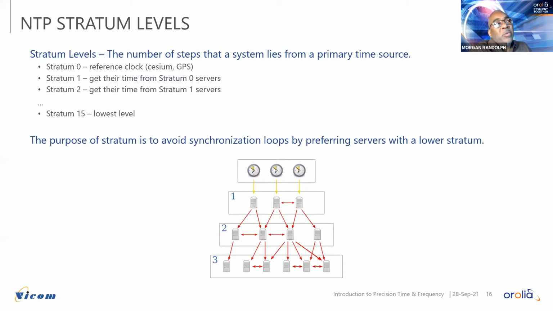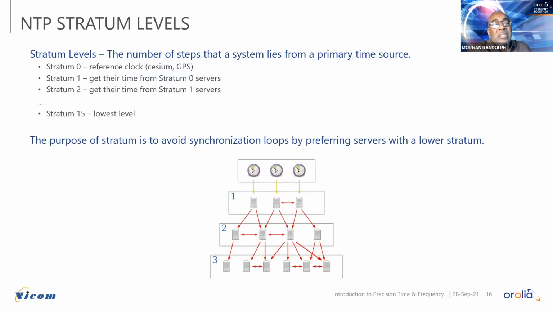Stratum 0 would be the satellites, or in the case of our device, an internal system clock, the reference clock, which gets its time from the GPS. Out of our box, we provide stratum 1 time. So in our web interface, it'll say stratum 1. It can say stratum 2, up to stratum 15.